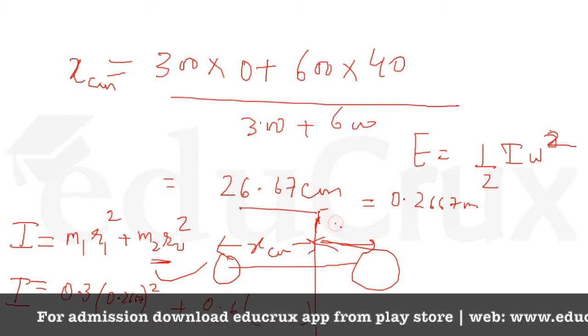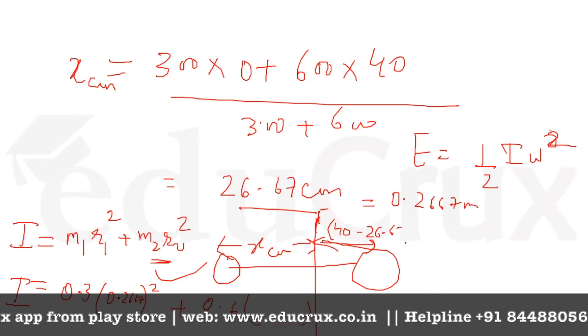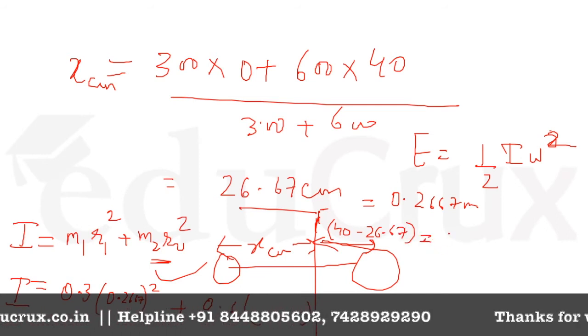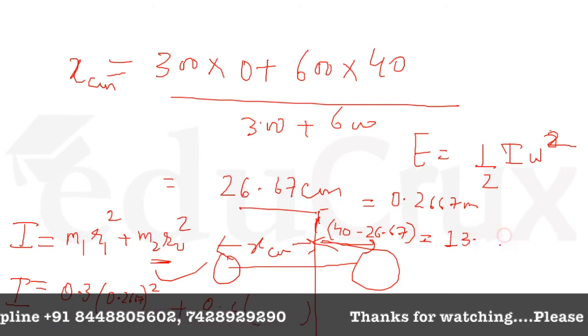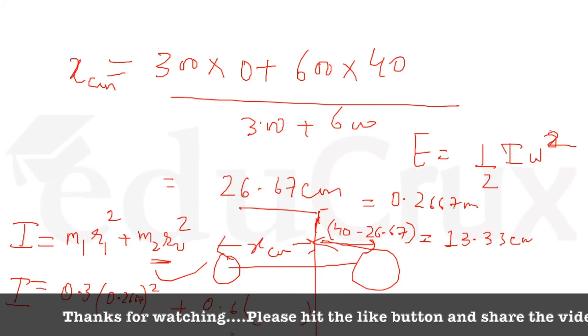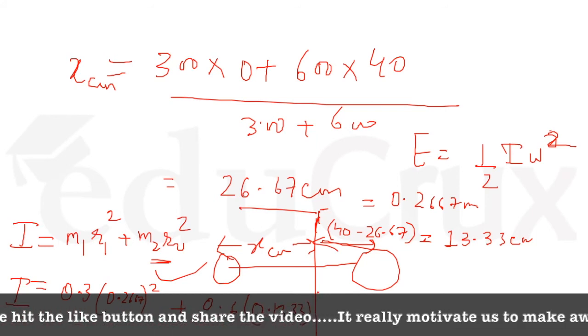So what is the distance? This distance is 40 centimeters minus 26.67, which comes as 13.33 centimeters, and when you convert it into meters, you have 0.1333, square.